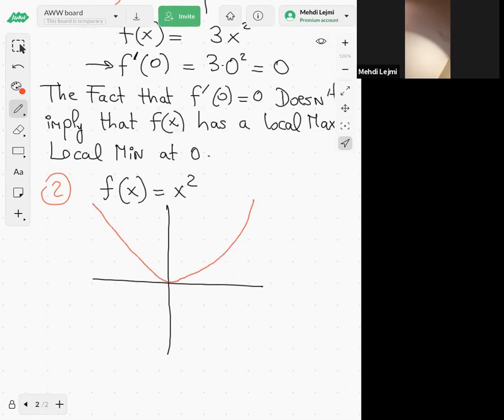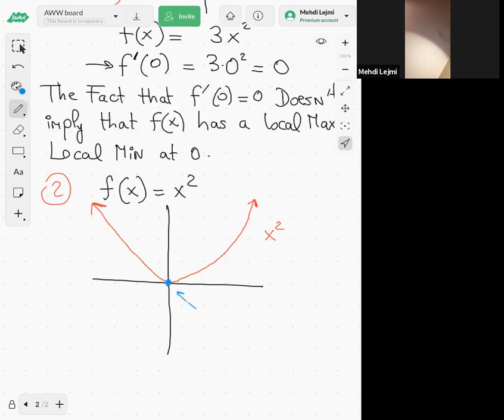Now, do you see a global maximum or global minimum here, guys? Yes, there's a global minimum, absolutely, at 0.